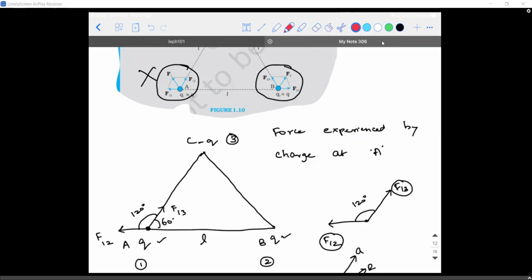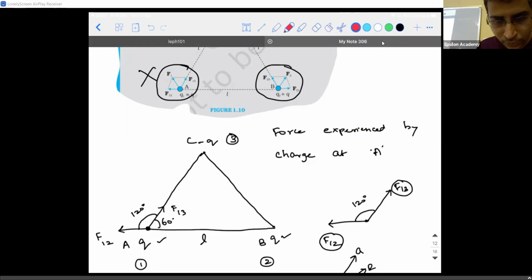F root 3. Yeah, root 3. So root 3F, I hope you guys are clear.